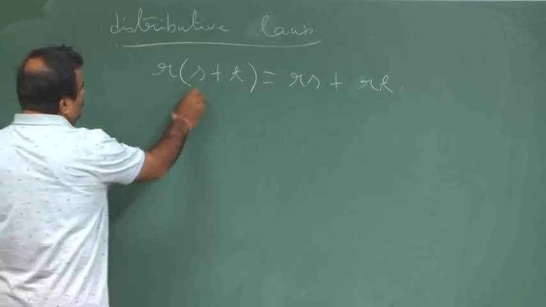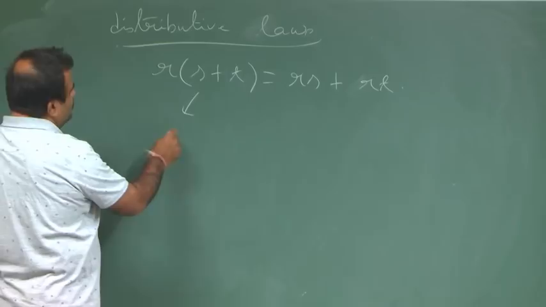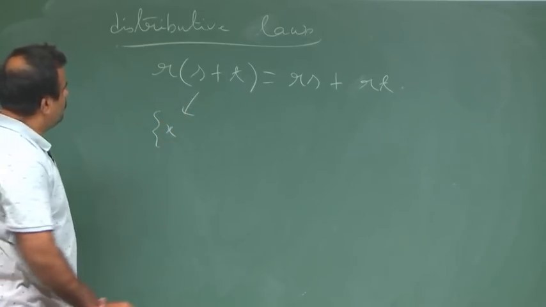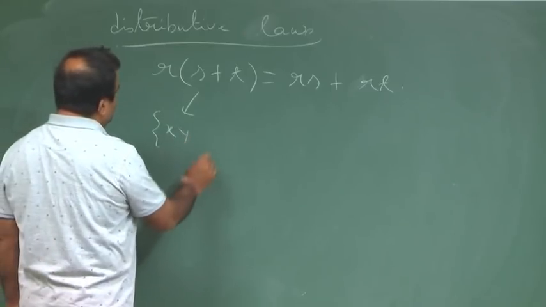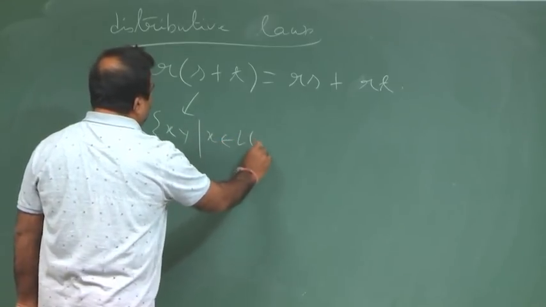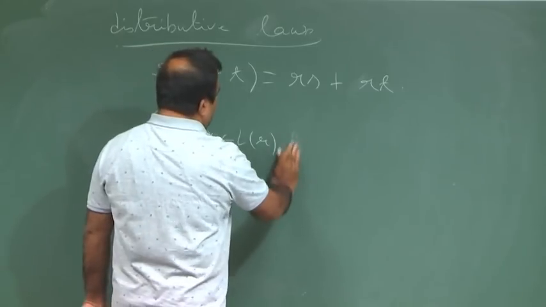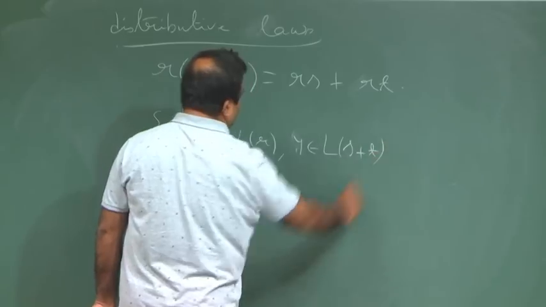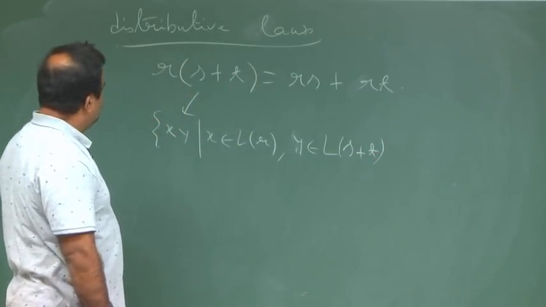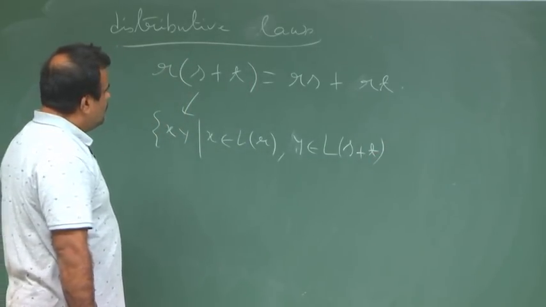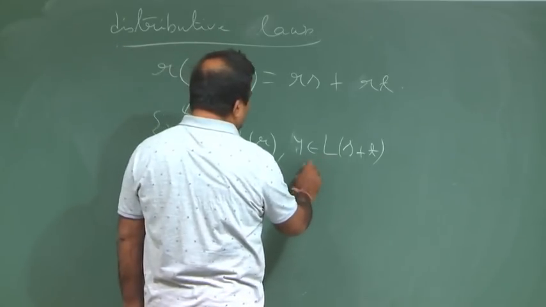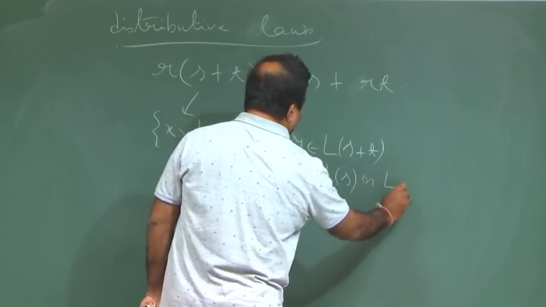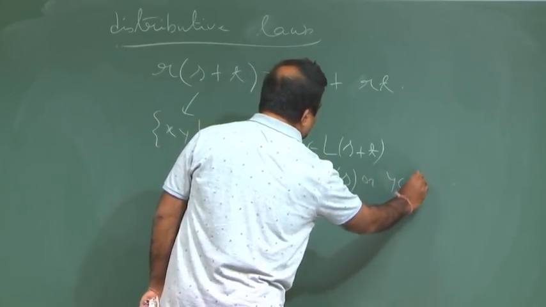The language corresponding to this is the set of xy, where x is coming from L of R and y is coming from L of S plus T. Now, this is the same as y coming from either L of S or y coming from L of T.